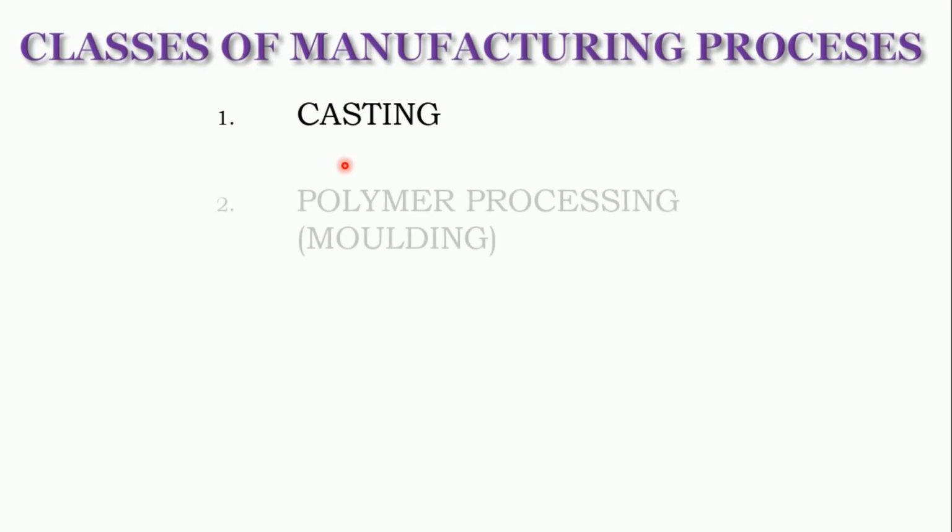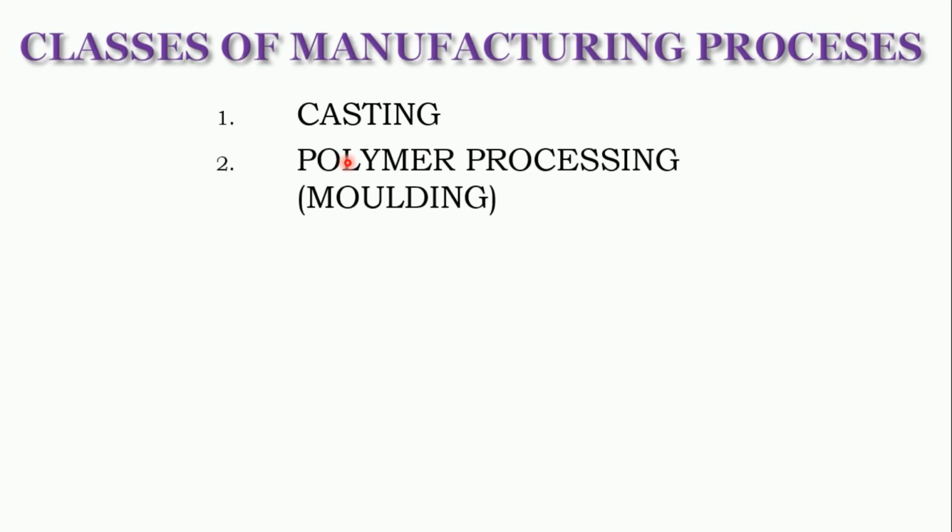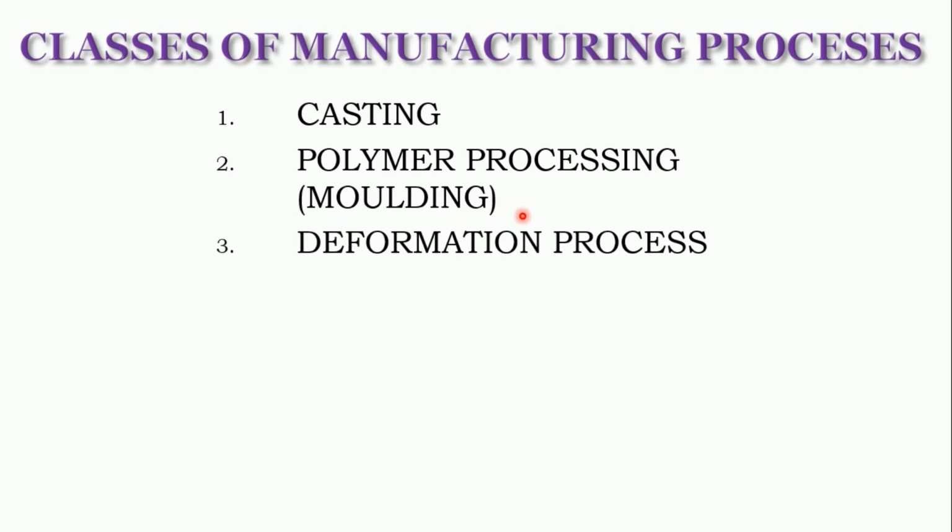Then polymer processing, generally molding processes, also called injection molding or plastic molding. Deformation processes: you can deform the component to give the required shapes. Generally this category includes forging processes and sheet metal processes.